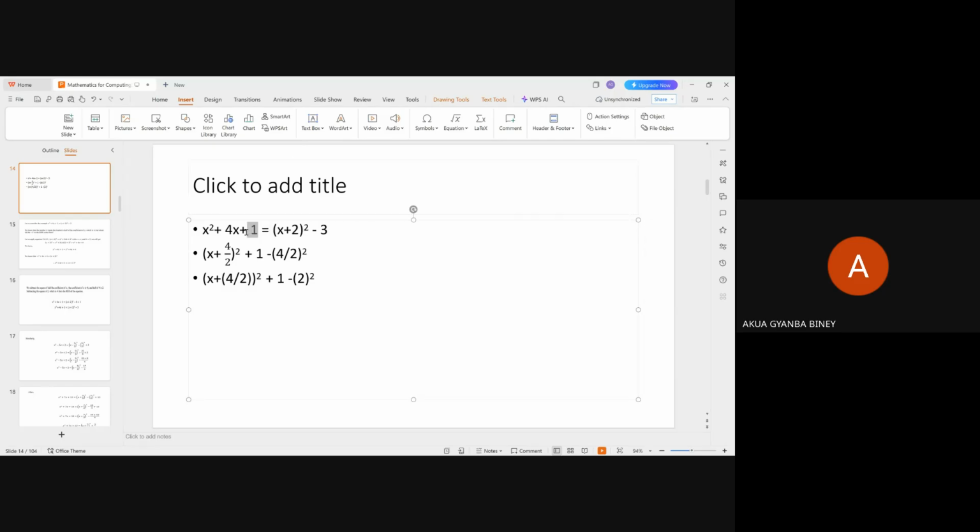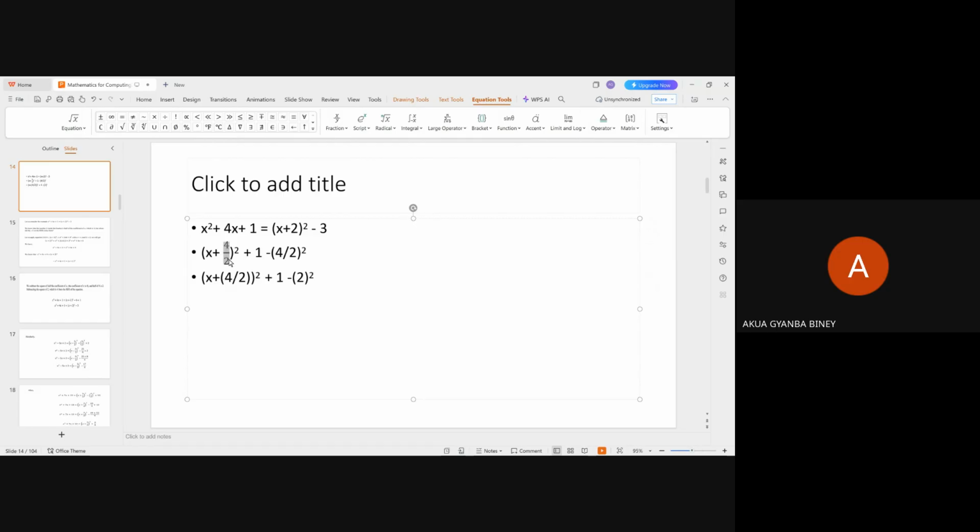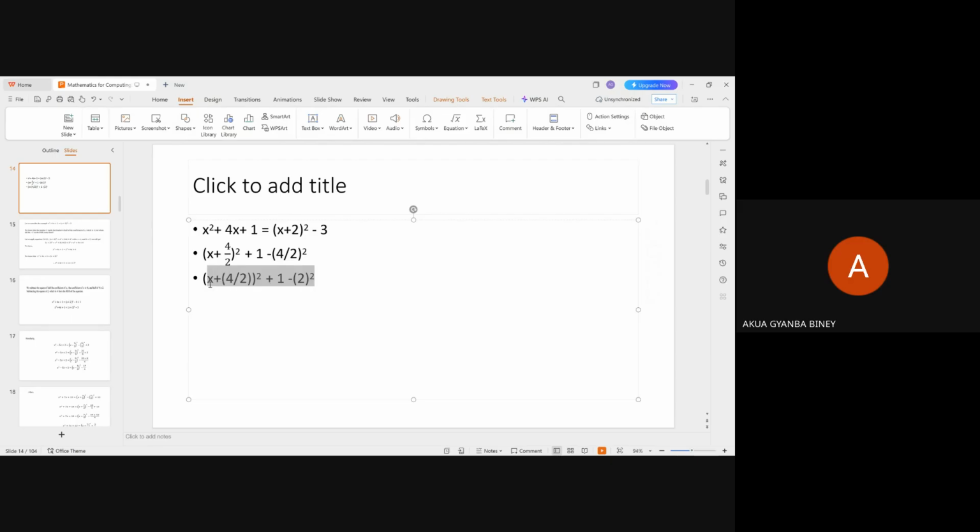So this plus 1 is coming from the same equation here. And whatever we did, this 4 over 2, we subtracted it, but you need to square it first. So 1 minus 4 over 2 all squared. Now this gives us 4. If we solve this part, this gives us 4. So let me copy this one.